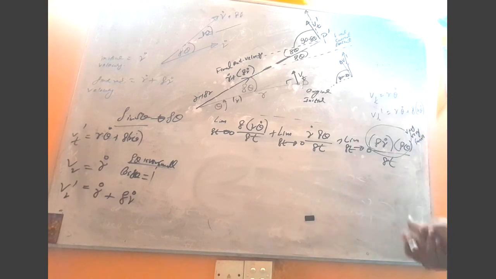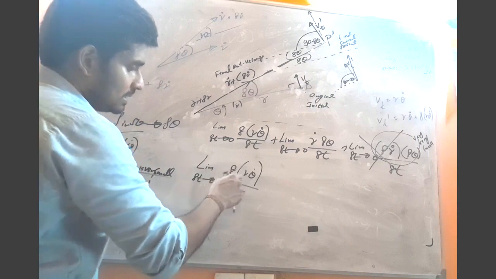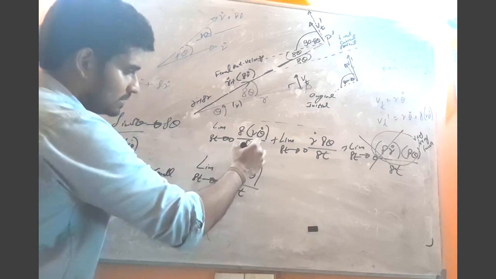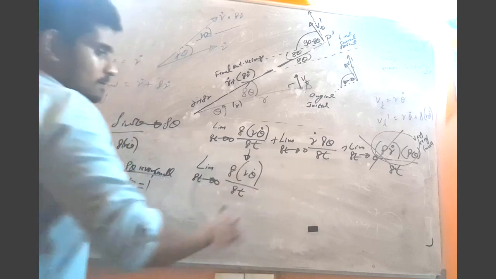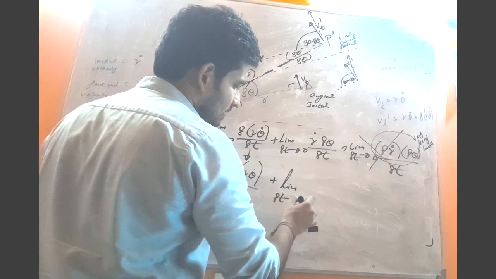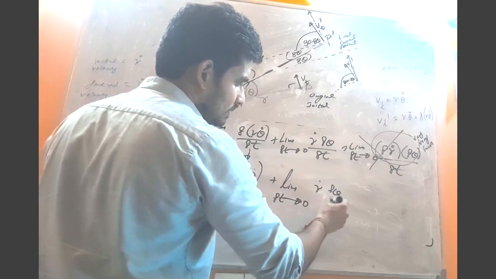But in the examination you have to write all these things, right? So this component we can neglect. Limit delta t tends to 0, delta r theta dot divided by delta t, this one, plus limit delta t tends to 0, r dot delta theta divided by delta t.